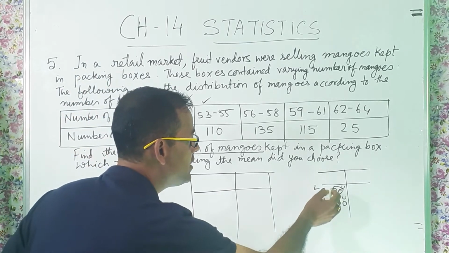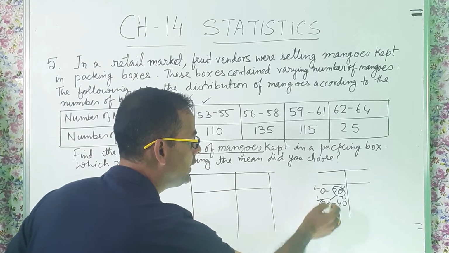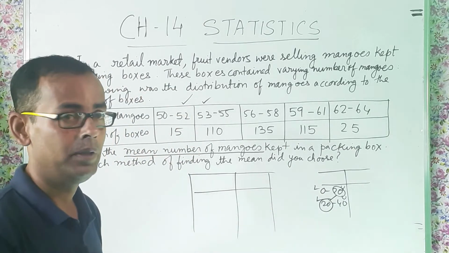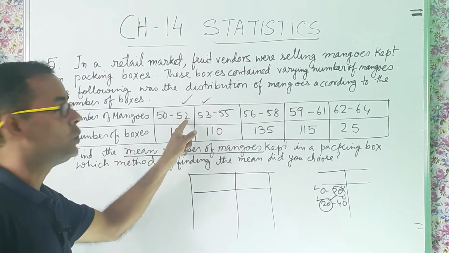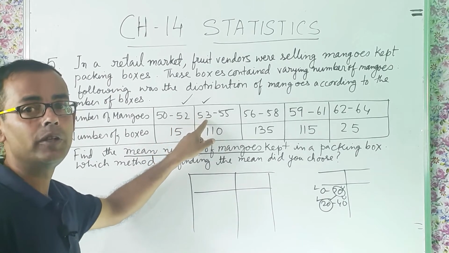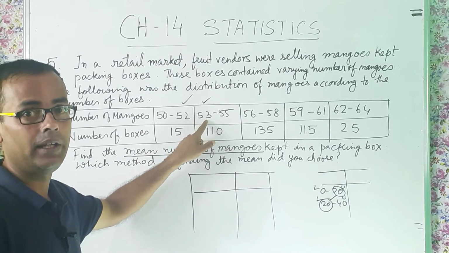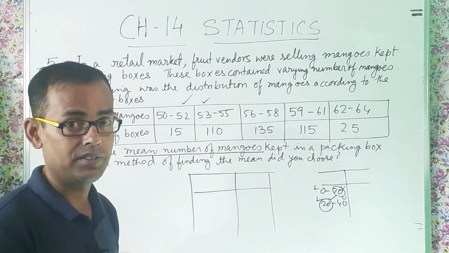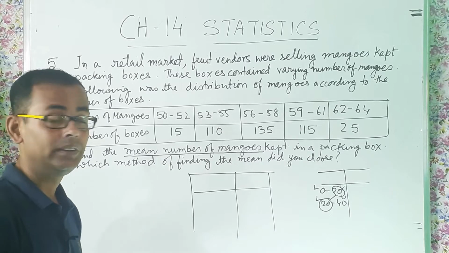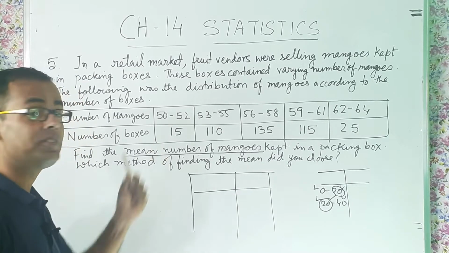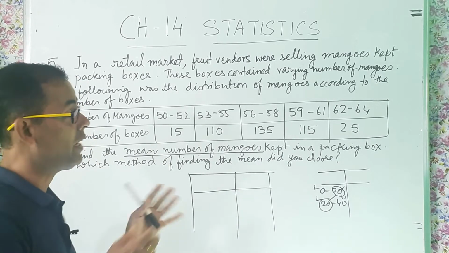So it is the same there, but here it is finishing at 52 but not starting with 52. So here is the difference. Understanding? Clear? Now students, see nicely the difference between the previous sum and this sum.